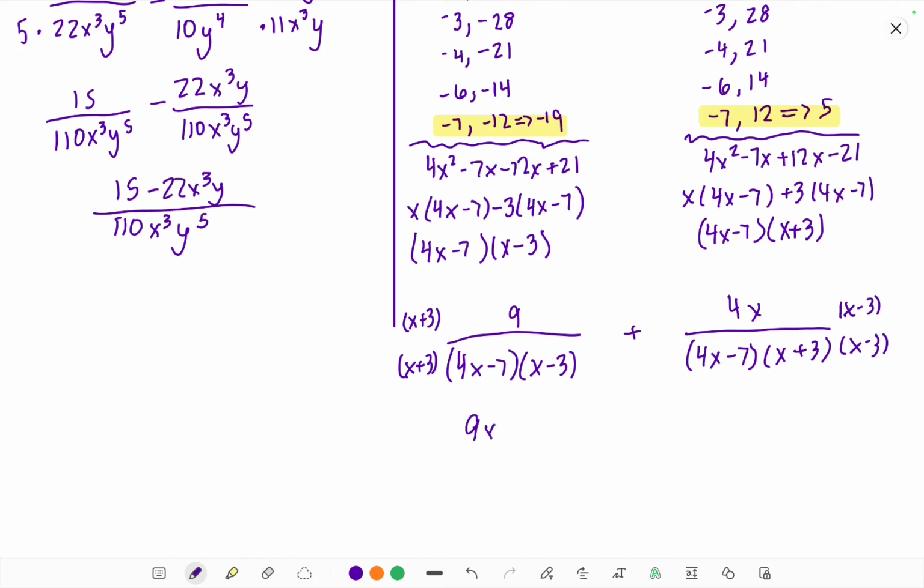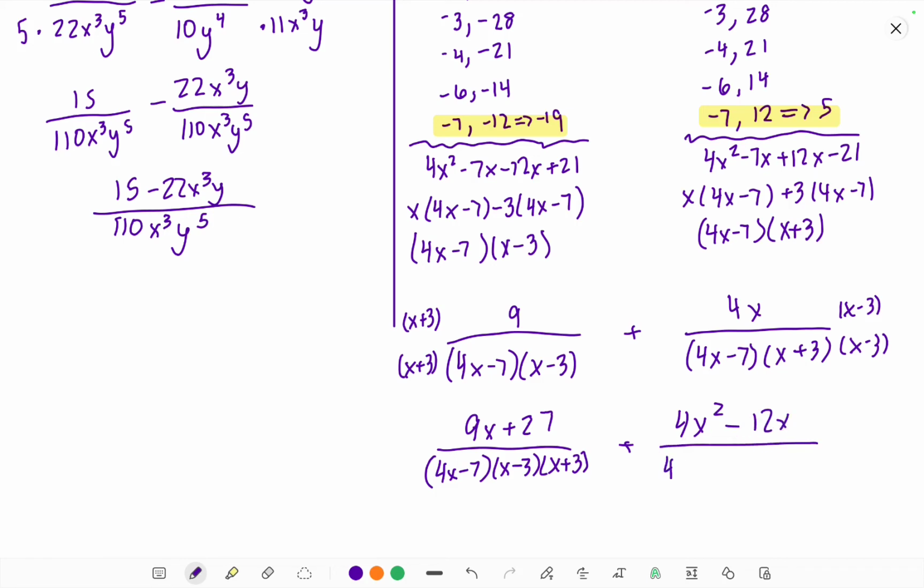So then we get 9x plus 27 over (4x minus 7)(x minus 3)(x plus 3) plus 4x squared minus 12x over (4x minus 7)(x minus 3)(x plus 3).